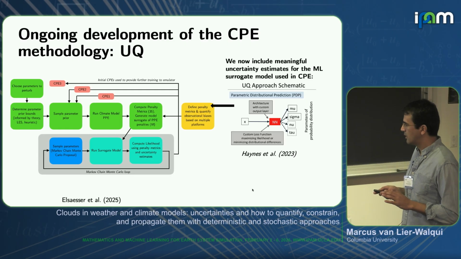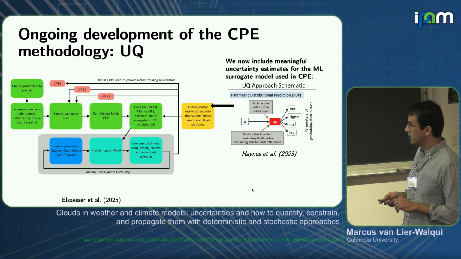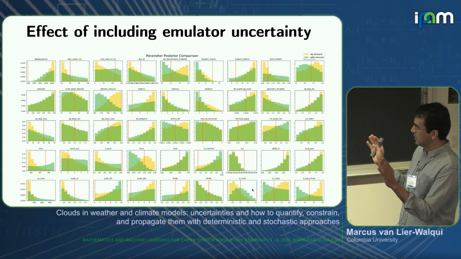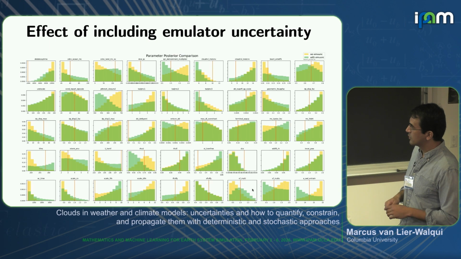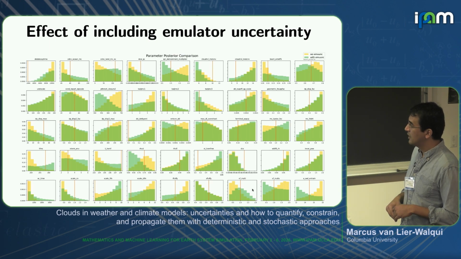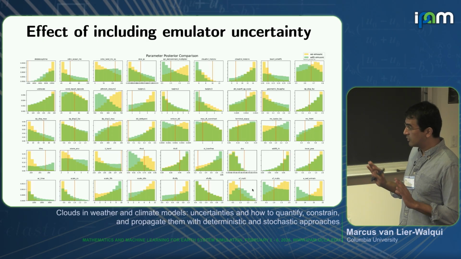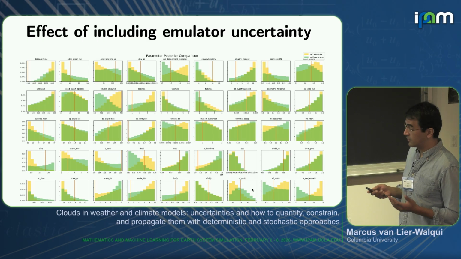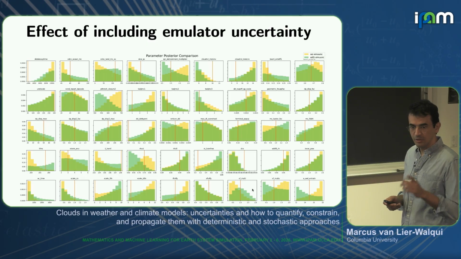That's something we've been wanting to do for a long time. We finally did it, and it makes a difference. The yellow is the standard, and the green is with the emulator uncertainty. I won't tell you exactly what it means because I'm not sure, but it does make a difference for a lot of parameters. So it seems like it has an impact to include that, and I really think it should be included.